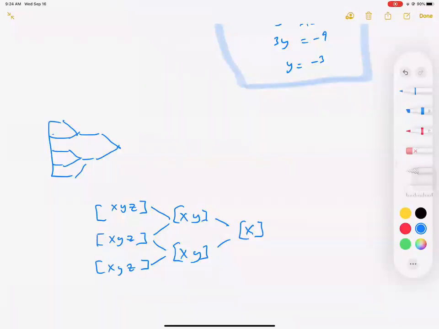Now, if you say x is equal to, let's say, the number 2, well, now you know x is 2. And then we can solve for y. And let's say y becomes 3. So now you know x and y, and then you can find z. So first our goal is to go forward to solve for one variable, and then go backwards to solve for the rest.